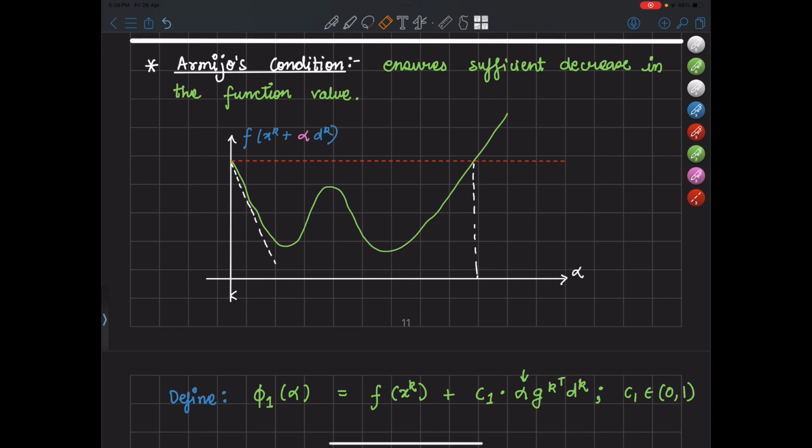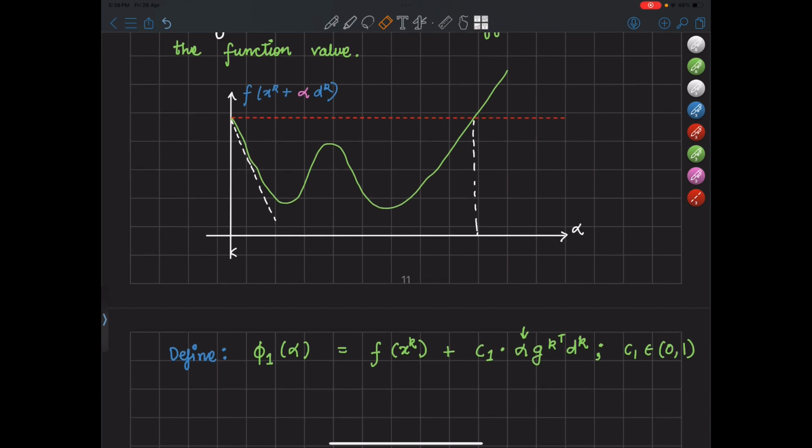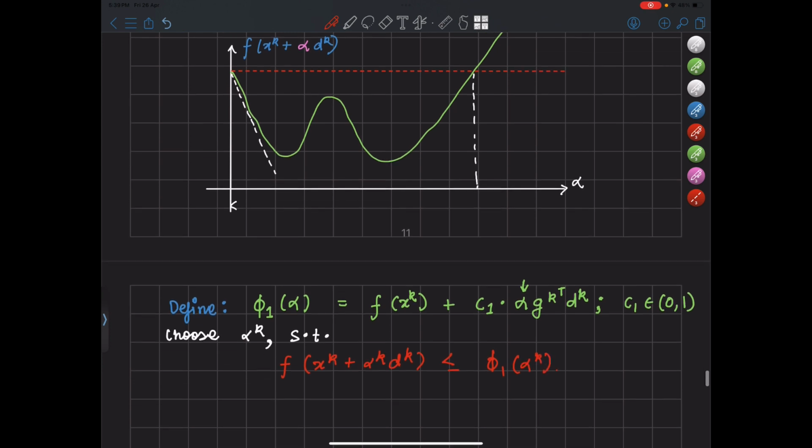After defining this, we choose alpha k such that f(xk plus alpha k dk) is less than or equal to phi1(alpha k). This is the Armijo condition.